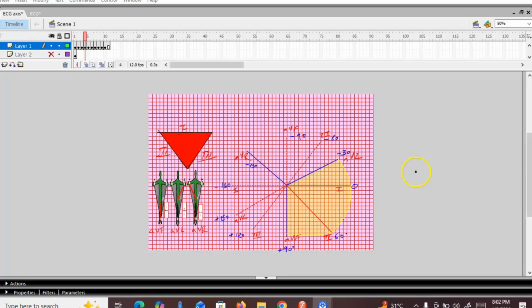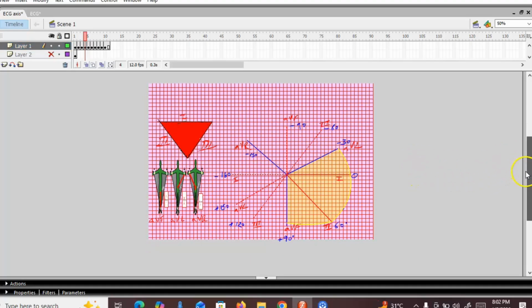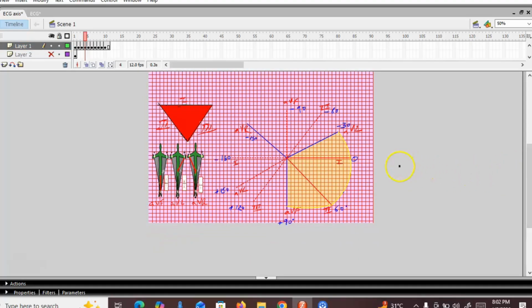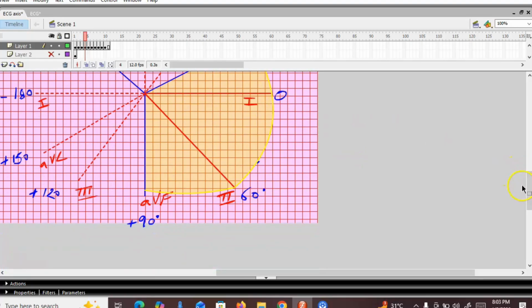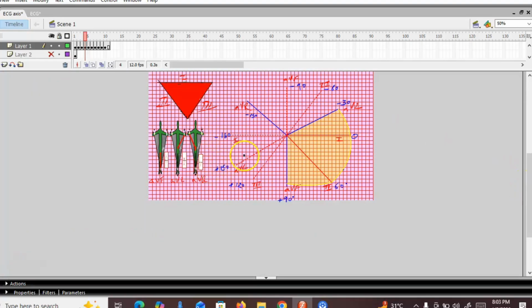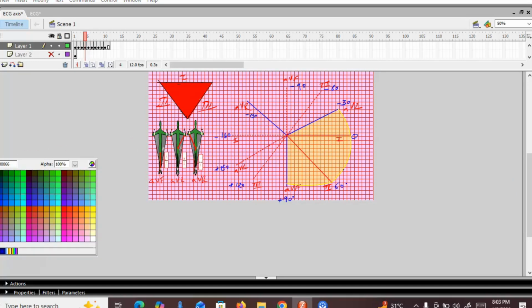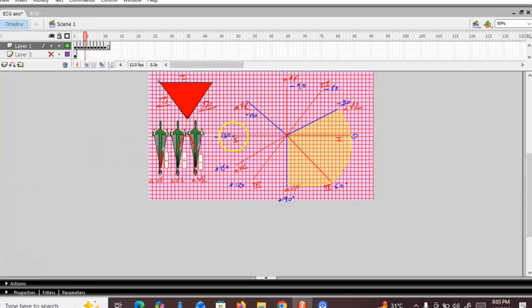Now then, actually, how to calculate the axis of the heart? Now listen, as we have seen, the normal heart axis is from minus 30 to plus 90. Now see over here, you can plot the graph. This is the baseline, or you can say the x-axis.